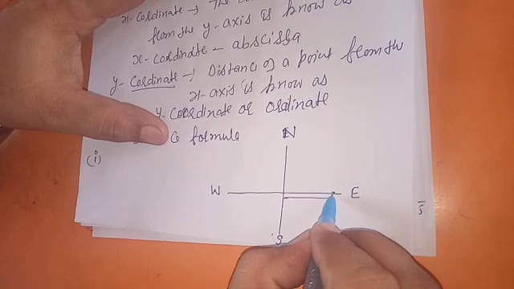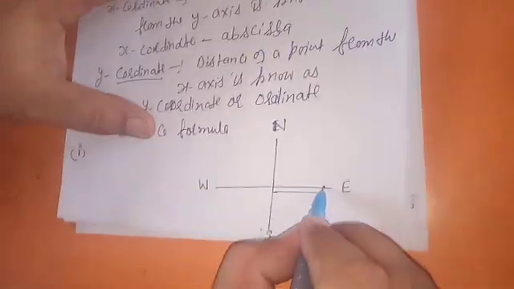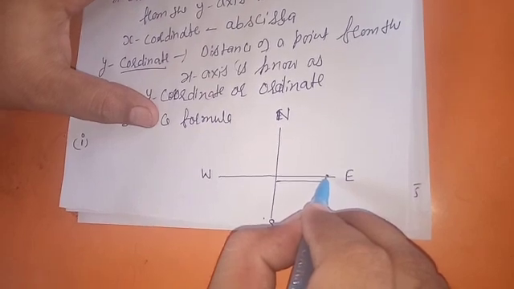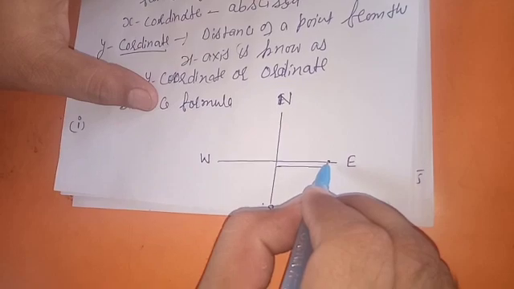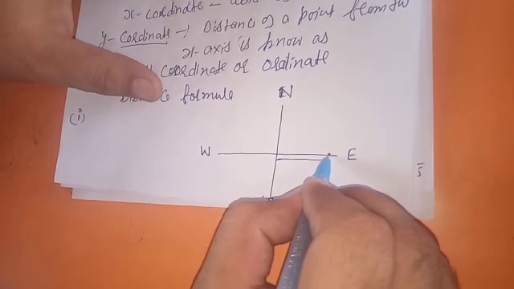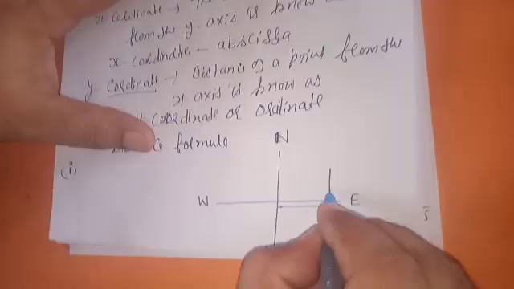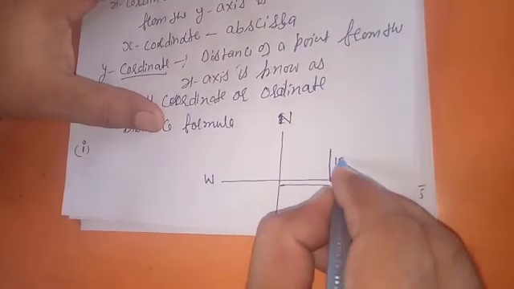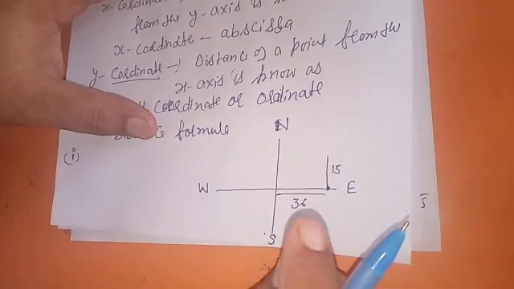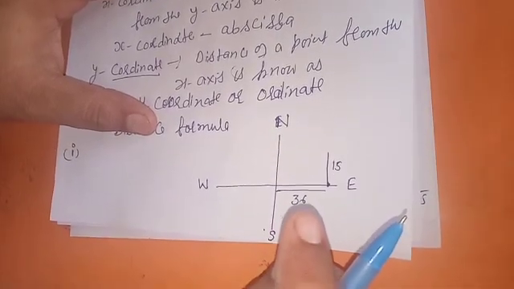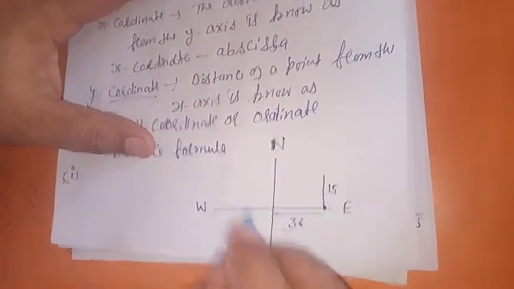How would you find the distance from town A to town B without actually measuring it? Town B is located 36 km east and 15 km north of town A. So this is moving in the north direction, 15 km. This is 36 kilometers.